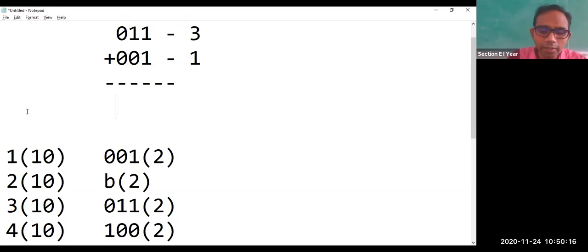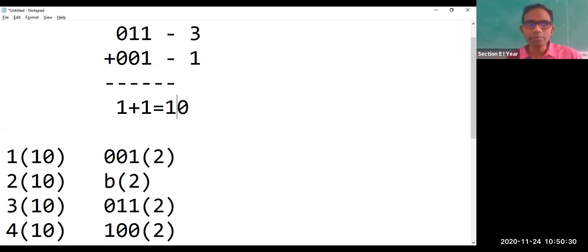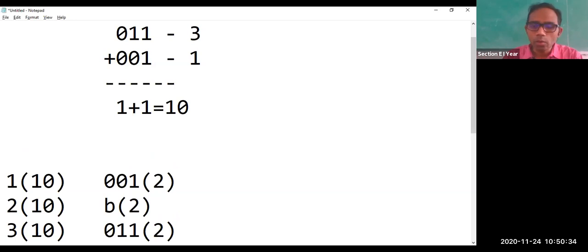So what I have said, 1 plus 1 is equal to 1 0 in binary numbers. Don't say that our sir told that 1 plus 1 is 10. 10 is different, 1 0 is different, in binary numbers 1 0. Now coming to another part: 1 plus 1.